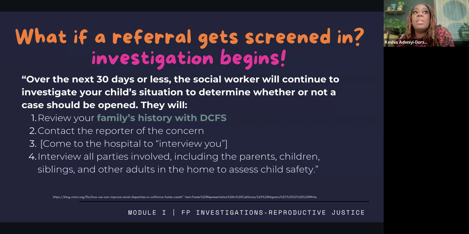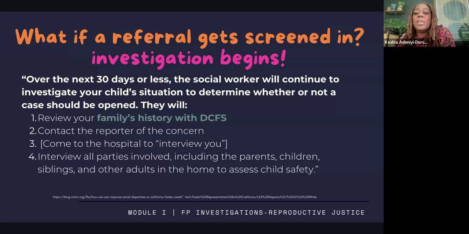During the period of the 30 days, they're usually going to review your family's history with the department or the agency. I highlight this because you will start to see where we see a lot of overlap with the criminal carceral system, right?